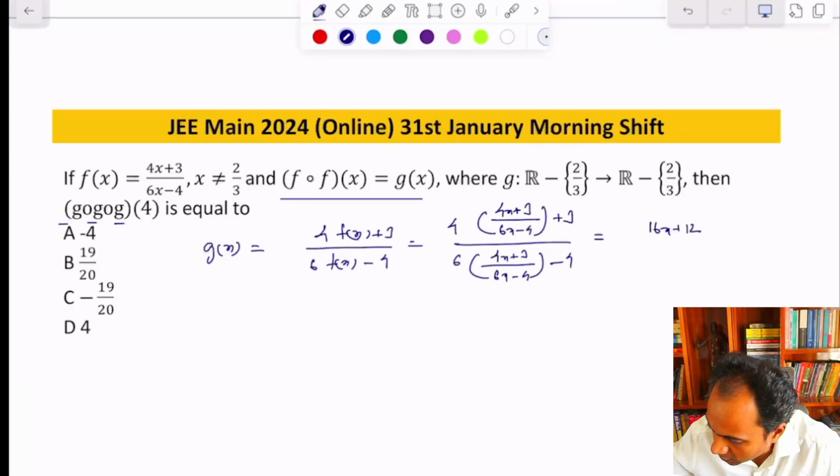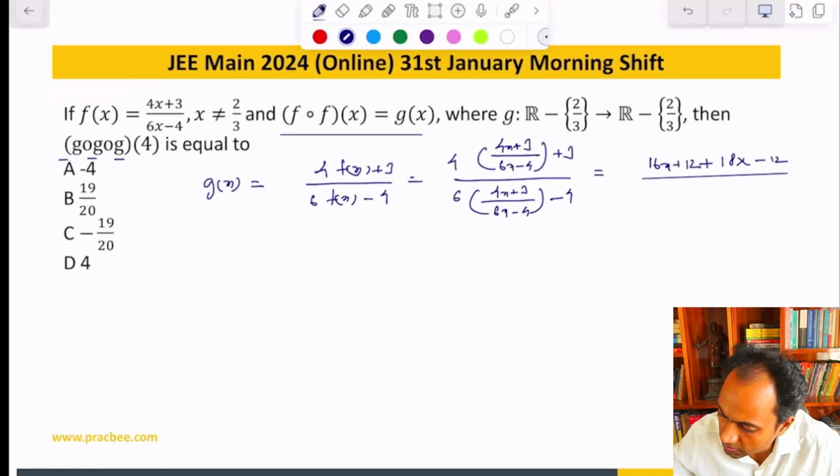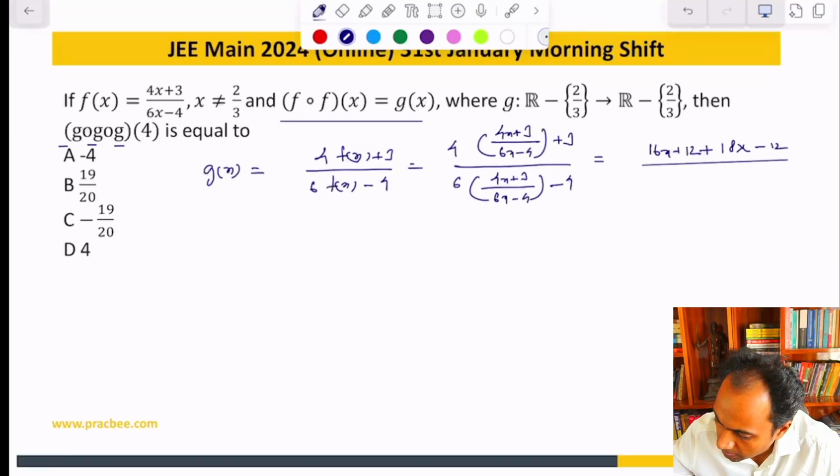16x plus 12 plus 18x minus 12. And in the denominator, in a similar manner, we have 24x plus 18 minus (24x plus 16).